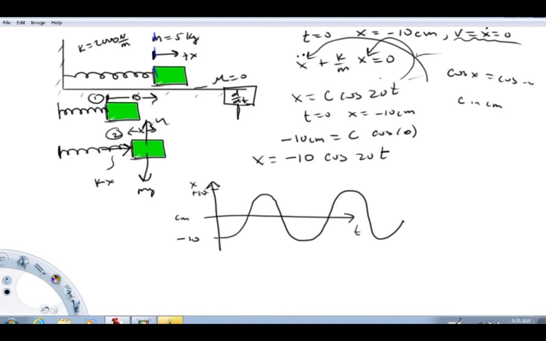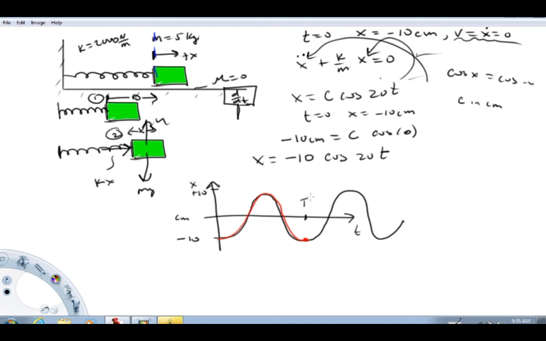Here's how I like to get the period. If we look at one complete cycle on this graph, and I'm going to highlight that in, say, red, one complete cycle would bring us to right there. The really important thing to recognize is that we're looking for the time now. That's called the period. I'm going to put capital T here for the period. Period is the time to complete one cycle.